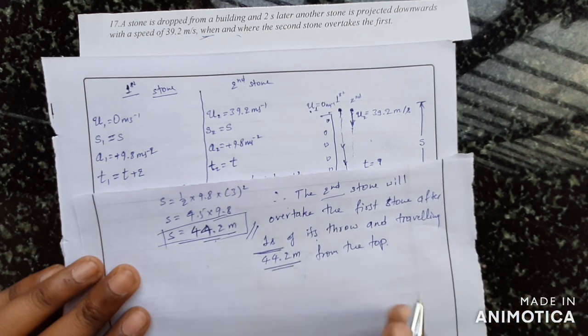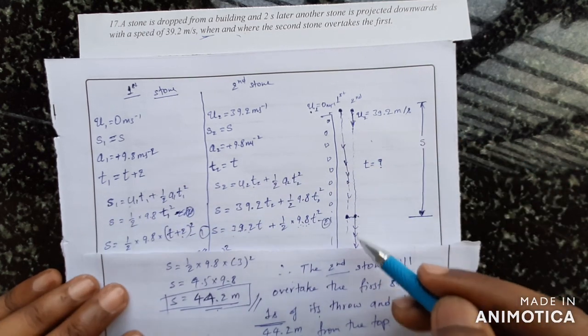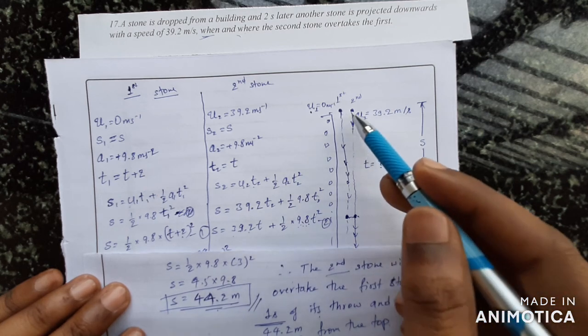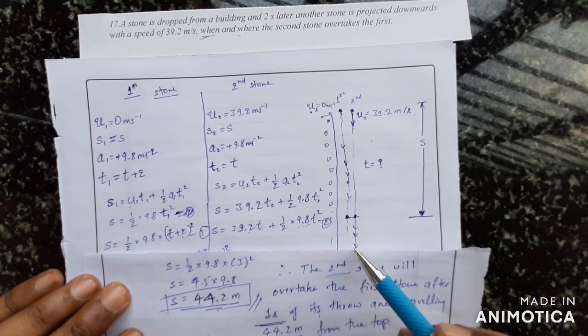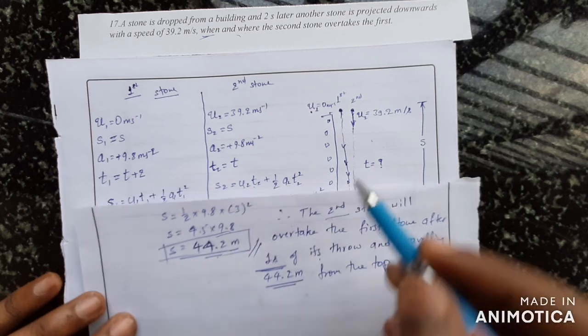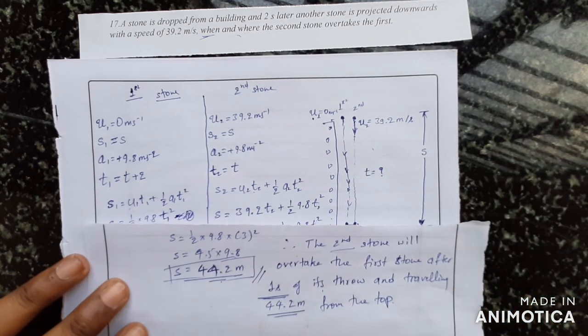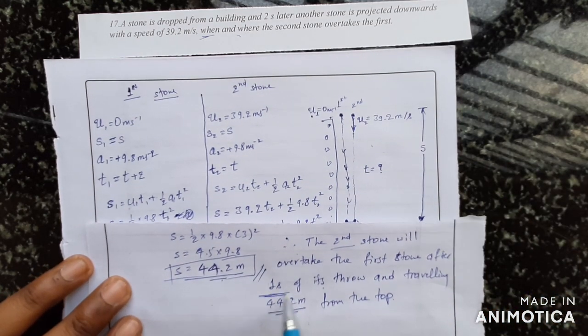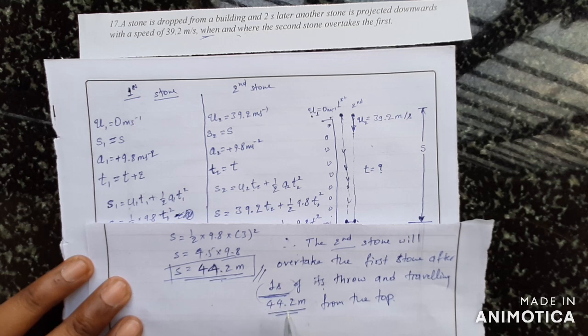So after 1 second it is overtaking, and after traveling a distance of 44 meter it is overtaking. So for the question of when, 1 second, for the question of where, 44.2 meter from the top.